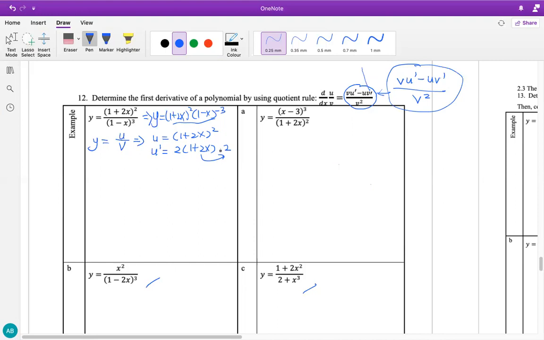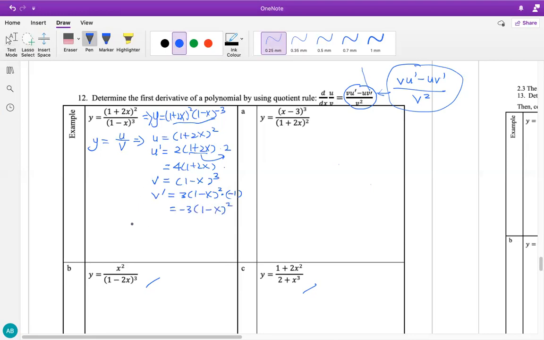The other one is differentiate the inner part, inside. So you get 4 times (1 plus 2x). So this is u prime. Then your v will be (1 minus x) cubed. Then v prime, you get 3 times (1 minus x) squared multiplied by negative 1. So you get negative 3 times (1 minus x) squared.